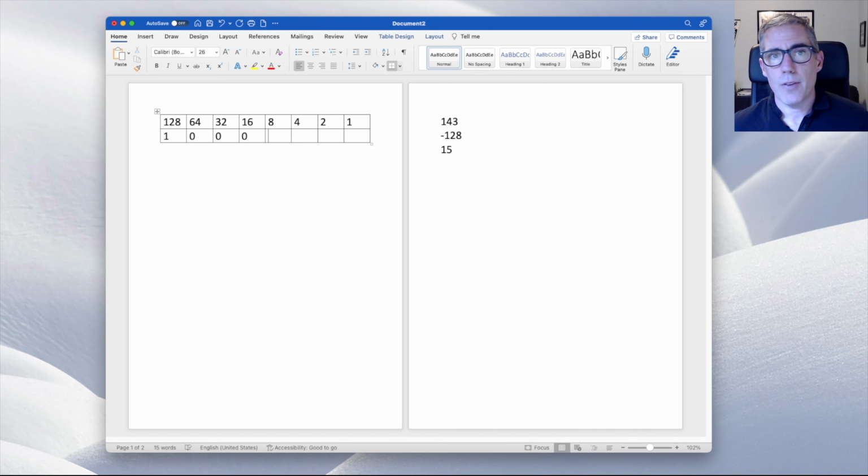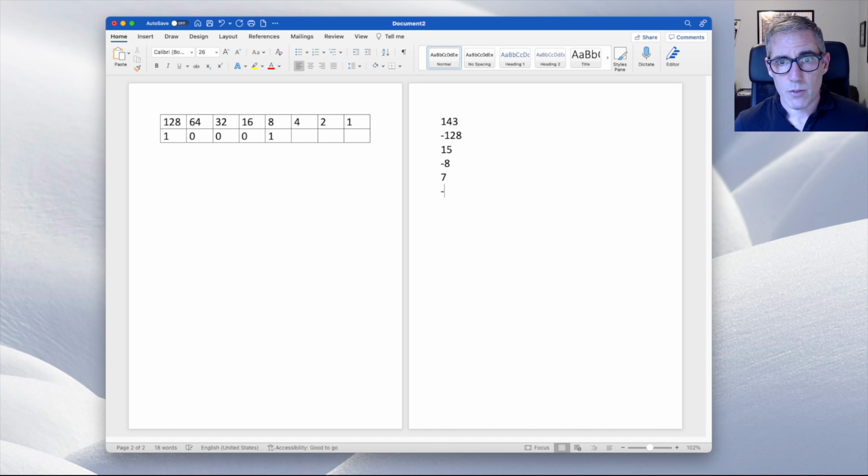Now if you remember, you represent 4 bits with 1111 to get 15, or 4 bits can represent numbers up to 15. We know that our last 4 bits are going to be 1s, but let's just add them together. So 8, we know we put a 1 there and we subtract 8 and we get 7.